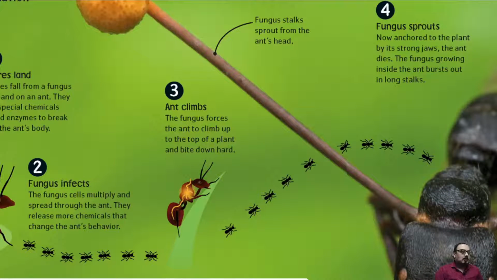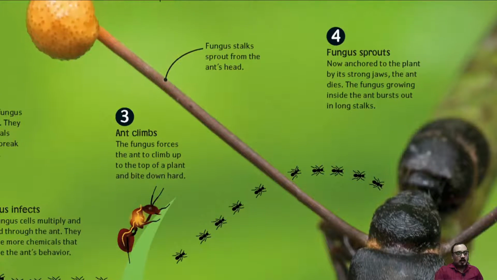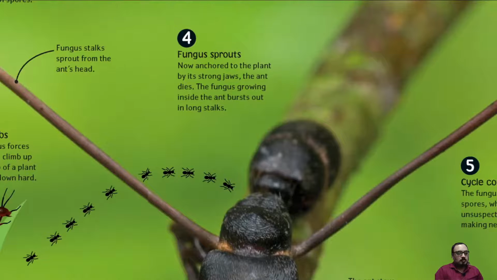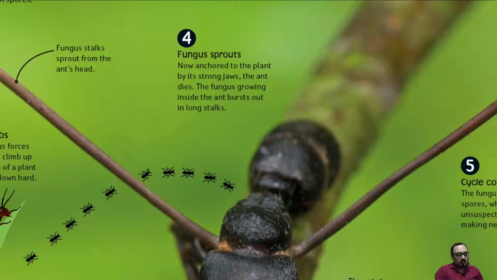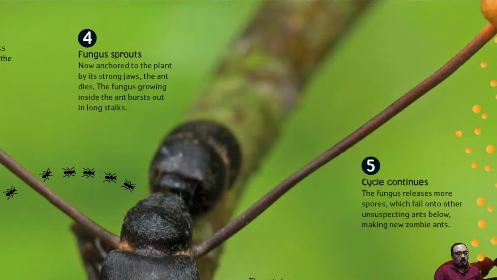The ant climbs up trees or branches, whatever is there, to the top of a plant, and bites down hard. The ant holds on to the plant by its strong jaws and dies, and the fungus growing inside the ant bursts out of the ant in a long stalk.